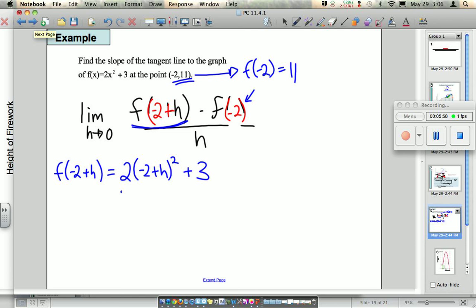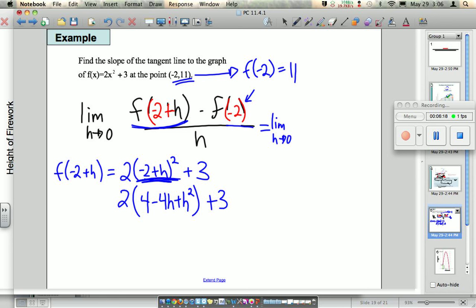So I'm going to get 2 times, squaring this value, 4 minus 4h plus h squared, plus 3. So my f of negative 2 plus h is, it's still a limit as h goes to 0, but I'm going to replace this value with this.